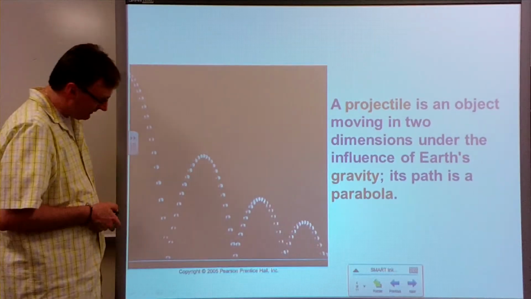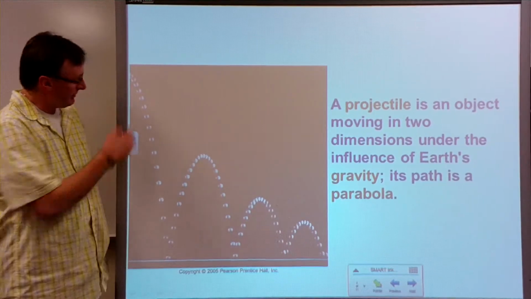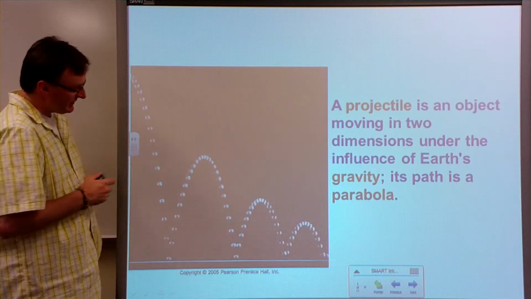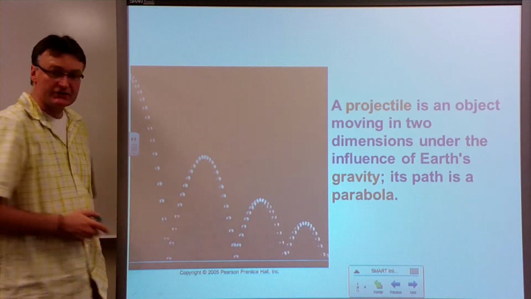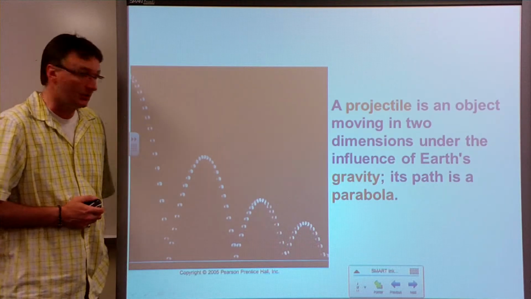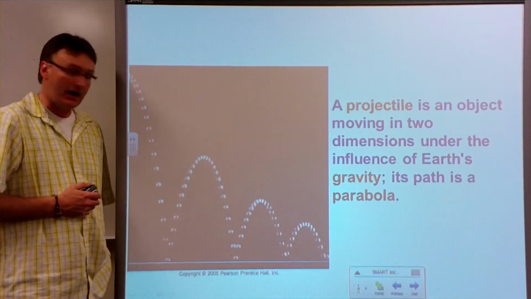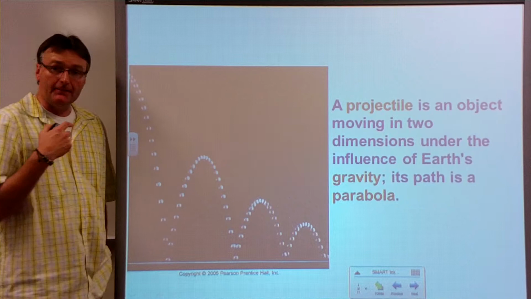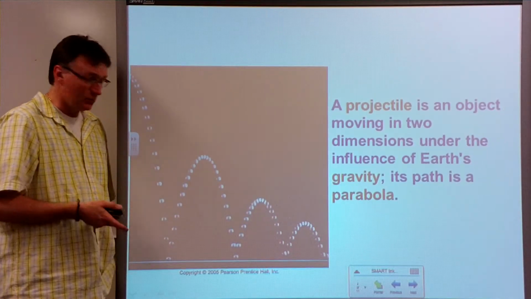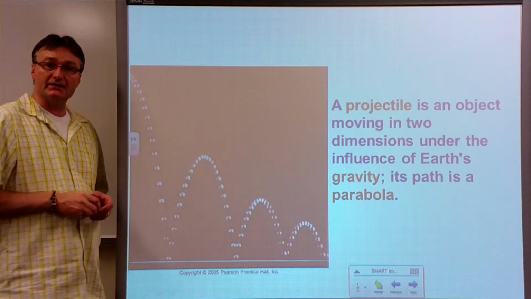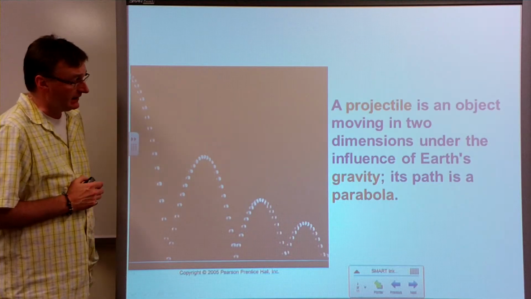So here's an example of a projectile. This is a ball that's been launched, and it's bounced a couple of times here. And as you can see, the motion is quite rightly described as a parabola. And indeed, this is the motion of a parabola, and the equation of its motion would be the equation that you would recognize as parabolic in nature.